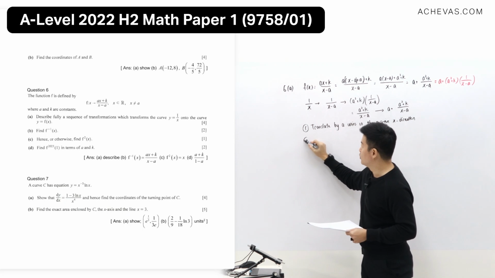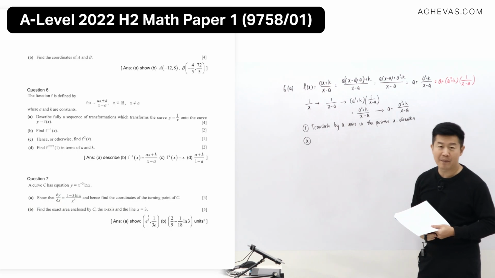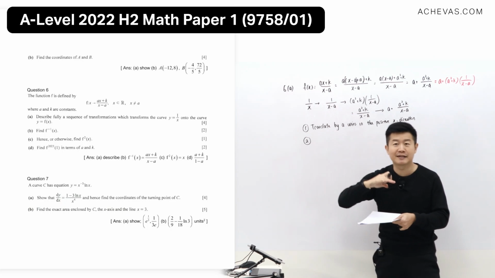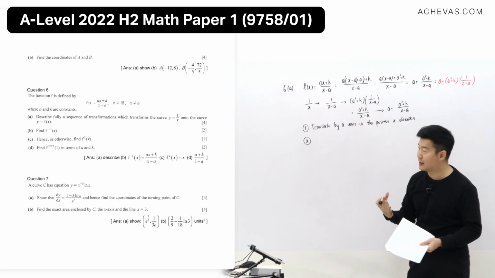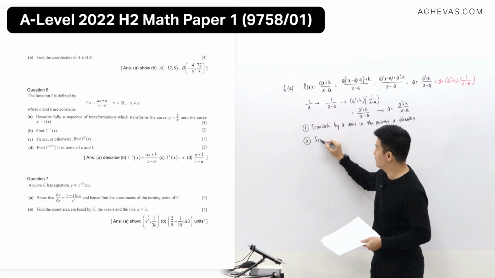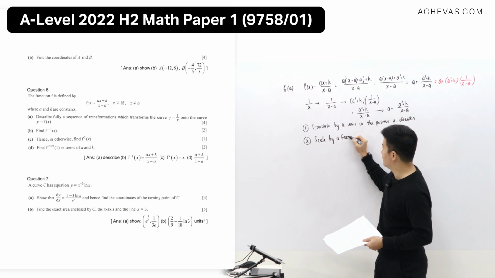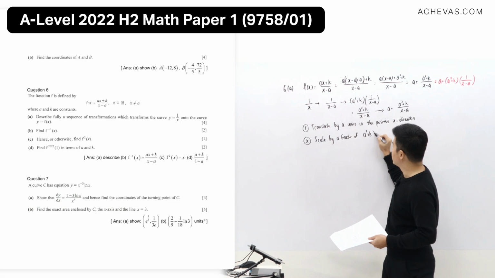Then number 2, we are going to be multiplying this by a squared plus k. So multiplying this by a constant, it is going to be a scaling by a factor of this constant parallel to the y-axis. So I'll just do that here, scale by a factor of a squared plus k.